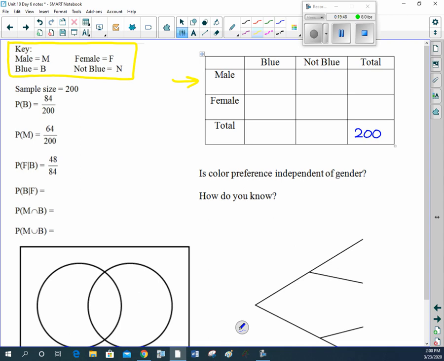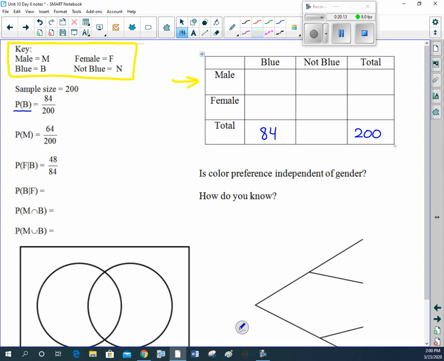The other thing they told us was, right here, this means probability of blue. That means the probability that they like blue, and that's 84 out of 200. Here's the blue column, that's a total. So out of the male and female, 84 out of 200 like blue.